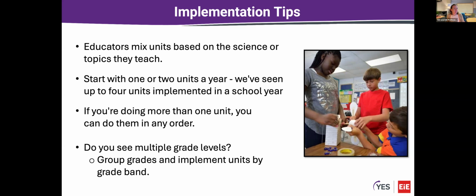And then another tip that I have in terms of implementation is if you teach multiple grade levels, so we know there are a lot of STEM specialists out there, you can group grades by grade band and implement units by grade band. Let me give you an example of what I'm talking about.